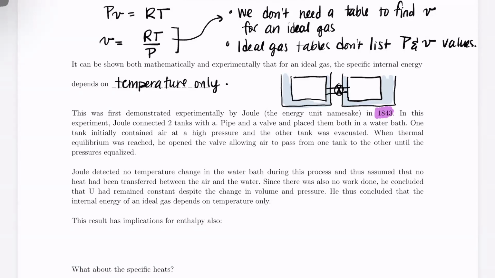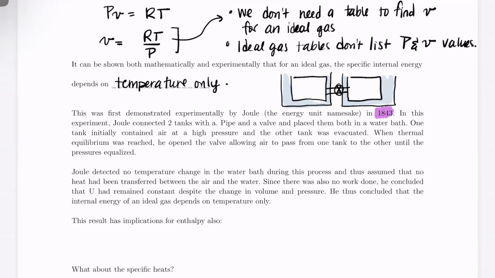Since he also did no work on this system, he concluded that the internal energy had remained constant despite the change in volume and pressure. Based on this information, he concluded that the internal energy of an ideal gas is dependent on temperature only.